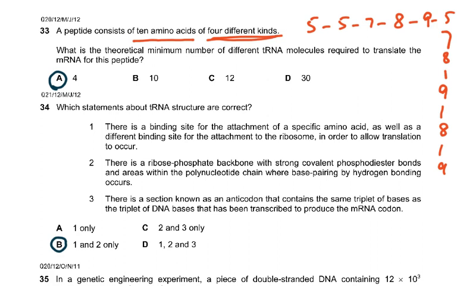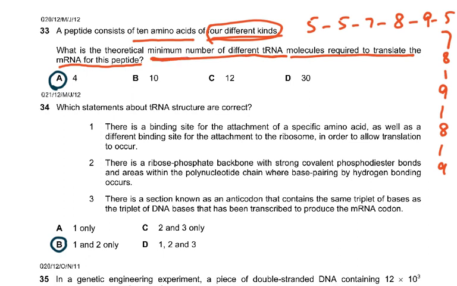So there are 4 different kinds: it's only 5, 7, 8, and 9, and the total is 10 amino acids. What is the theoretical minimum number of different tRNA molecules required to translate the mRNA for this peptide?